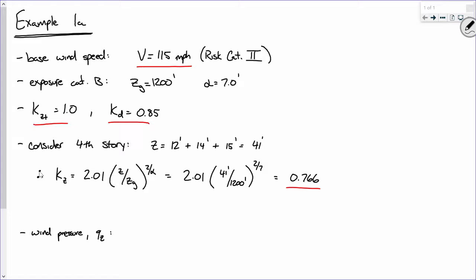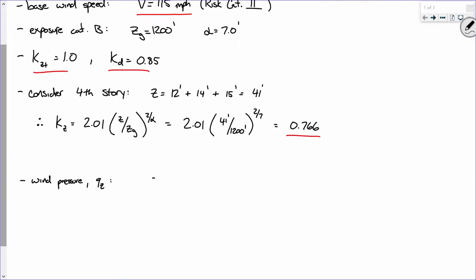QZ is as follows. So QZ equals 0.00256 times, actually, let me write it out. So KZ, KZT, KD, V squared.